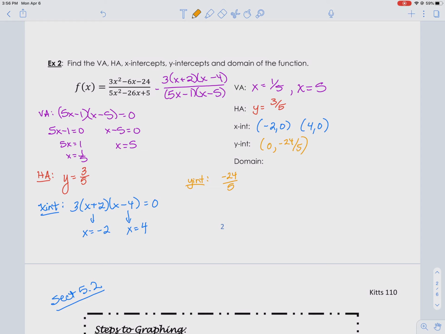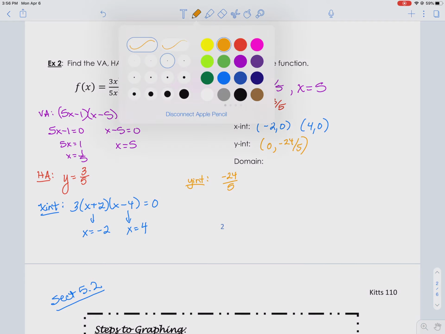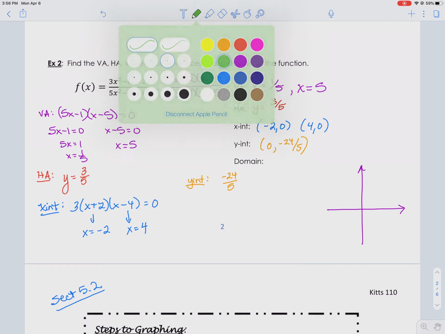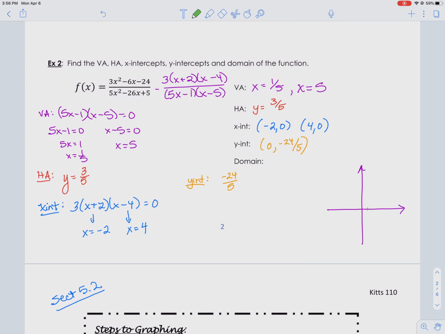Now, whenever you're doing the domain, it really helps if you just go ahead and graph. I mean, not truly graph it, but at least set up my vertical asymptotes. My vertical asymptotes are at 1/5, so that's going to be here, and 5, so something like that. So my domain is going to be in this part right here, because we're just talking the x's, not y's.